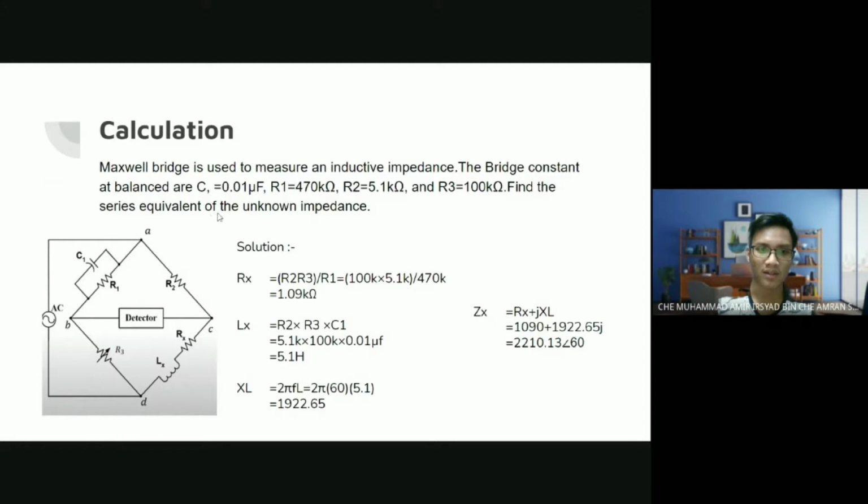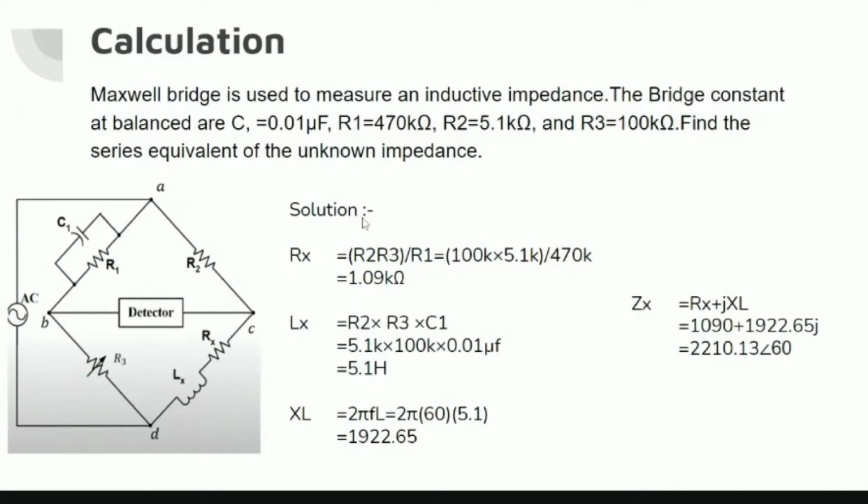How to find the series equivalent of the unknown impedance? Here is the solution. First we need to find Rx and Lx. Rx is R2 times R3 over R1, which is 100 kilo times 5.1 kilo over 470 kilo ohms.